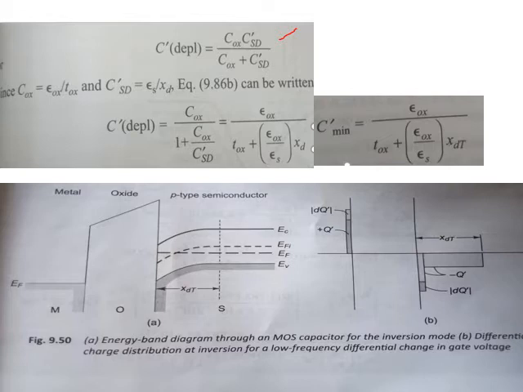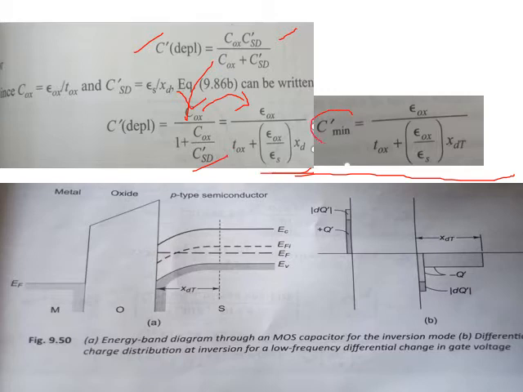And if you simplify it again, we can write the same equation in this way, and just substitute for Cox, which is epsilon ox by Tox, we'll get this equation, correct? So these equations I had written yesterday, but this equation was not shown. You can note down this also, right?